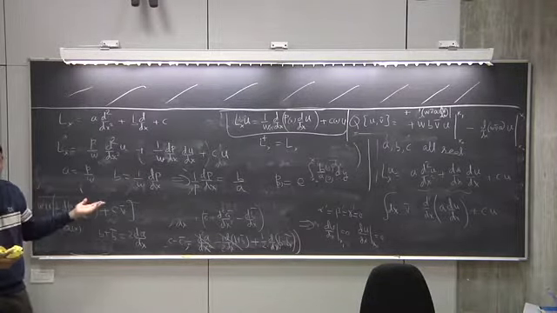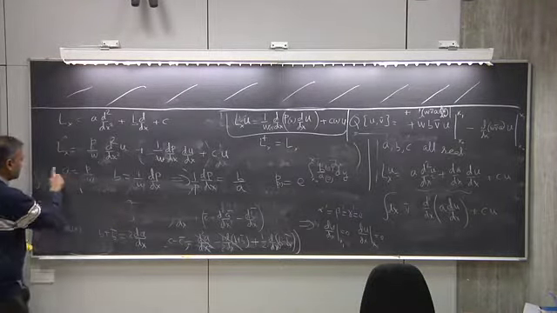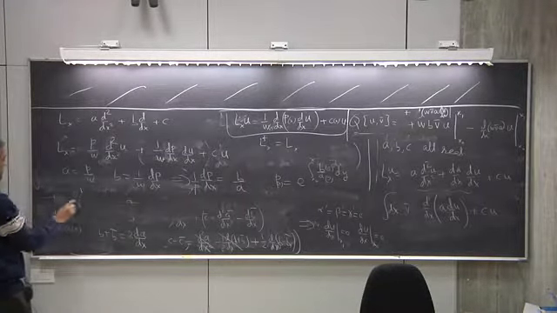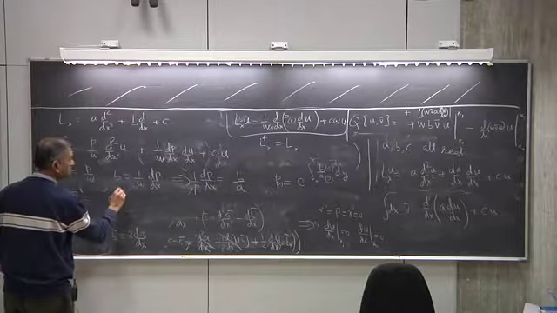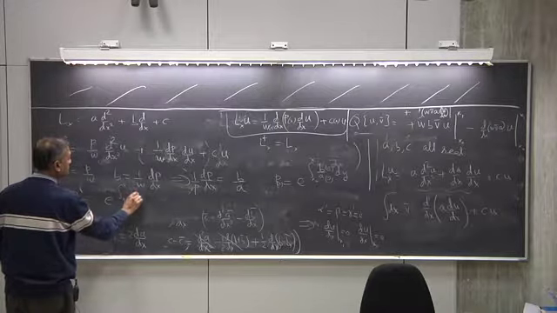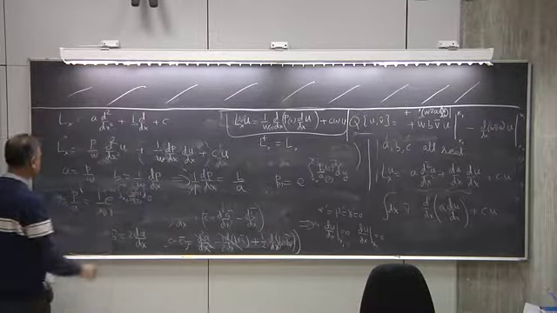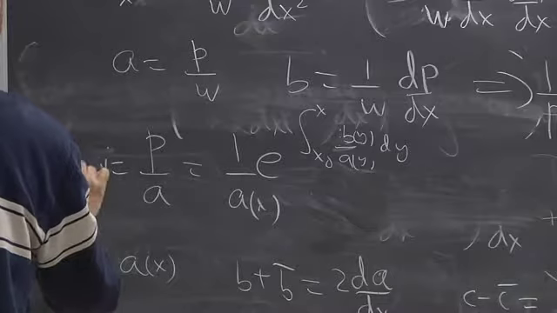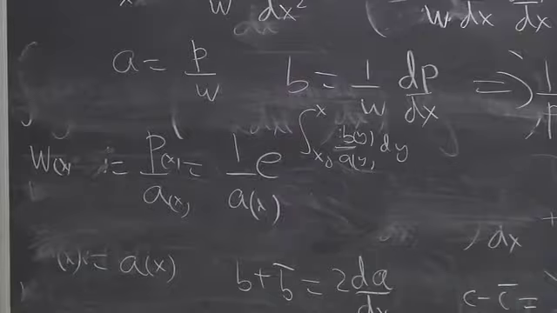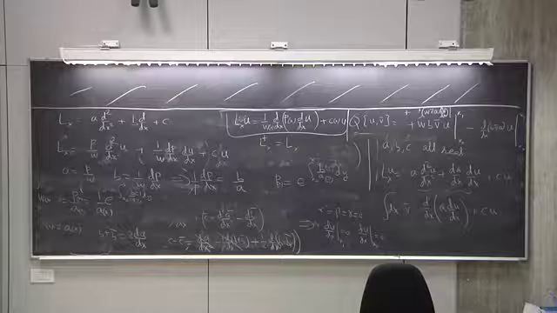There's another independent equation, which gives the value of W. So from here you see that W is P over A. This means it should be of this form: e to the integral from x naught to x of B over A dy, times 1 over A of x. If W of x is that, then this operator will become self-adjoint.